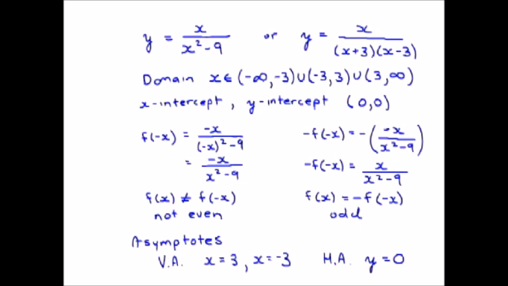Now, you may be scratching your head a little bit and saying, wait a second, I've got a horizontal asymptote at y equals 0, yet my function has a y-intercept and x-intercept at (0, 0). How can my function be crossing my horizontal asymptote? Again, you have to go back and think about what you learned in pre-calculus.